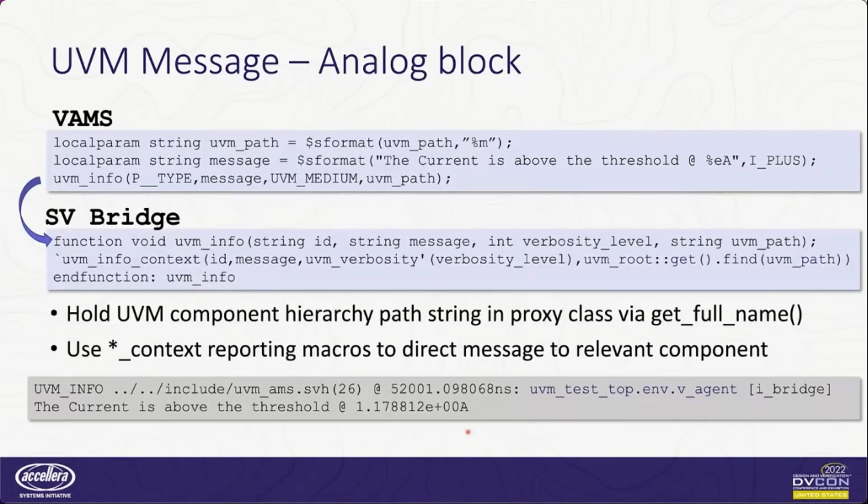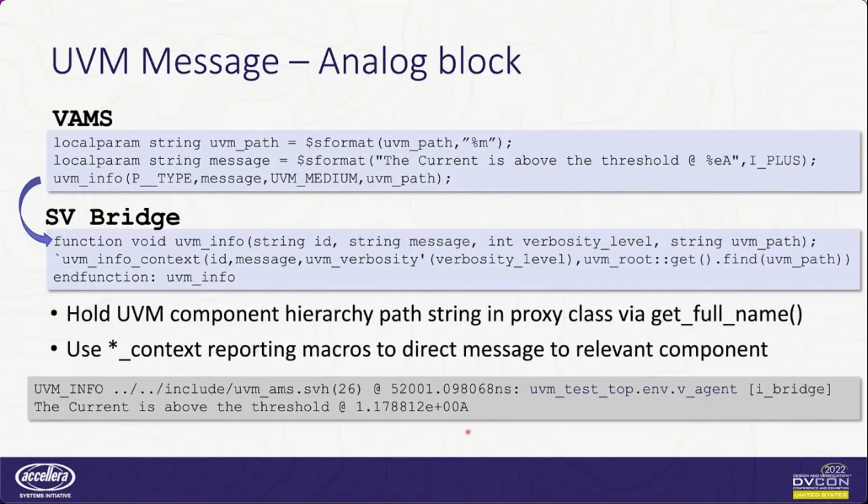So here are the parameters that we want to set. We have a parameter string for our UVM path, which just returns back the path to the analog resource. And then we'll have a local param message that specifies a message that's in the same format as what we would pass to our tick UVM info in the UVM world.